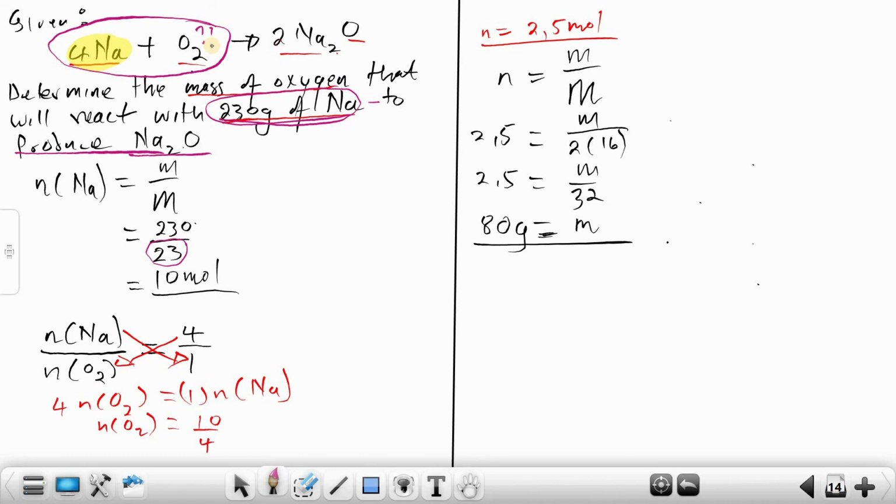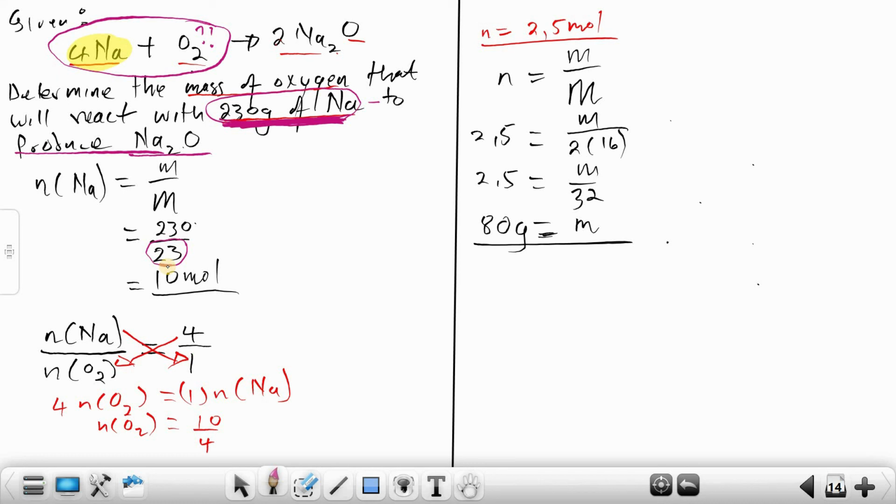That is the reason why we did not focus on sodium oxide. We only focused on sodium, because the mass that is given is for the sodium atom. That's the reason why the use of 23 comes in, not any other thing.